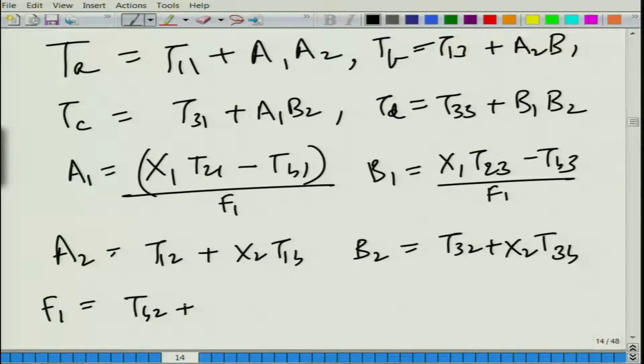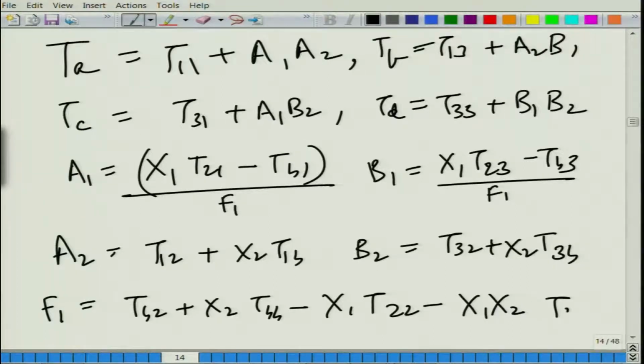Everything is in terms of your known parameters. So, T44 minus x1 T22 minus x1 x2 times T24. So, we know now A1, A2, B1, B2, F1 is known, everything is known.